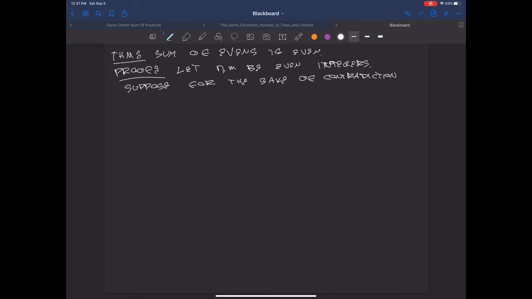Otherwise, the reader is going to get very confused as to why you're assuming this thing you're trying to prove is false. All right, so we're letting our reader know. Suppose, for the sake of doing a proof by contradiction, that n plus m is odd.